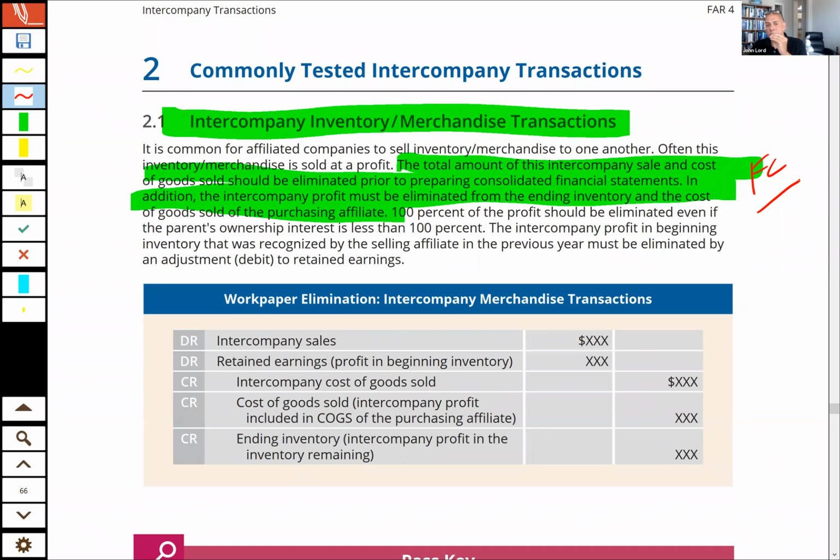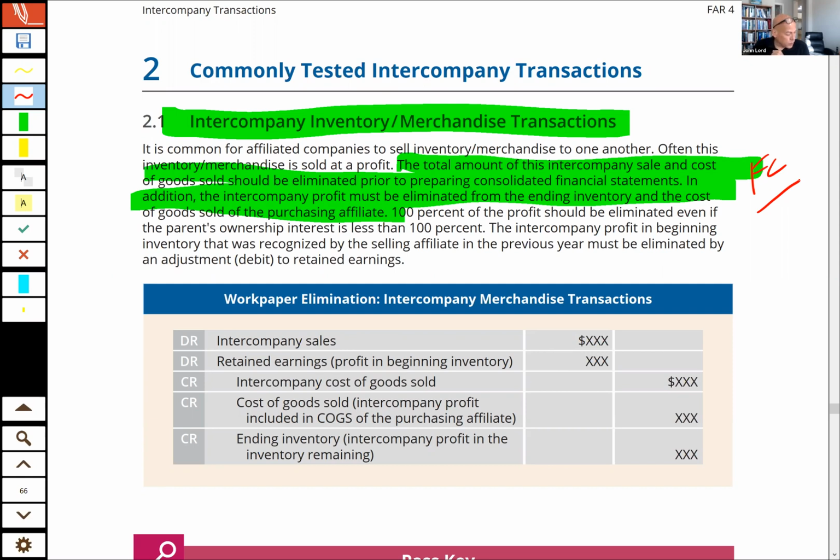Well, now I have profit sitting in my cost of goods sold, and I have profit sitting in my inventory. The subsidiary's profit is sitting, in that example, in my cost of goods sold, and it is sitting in my inventory. Well, I've got to eliminate that profit.